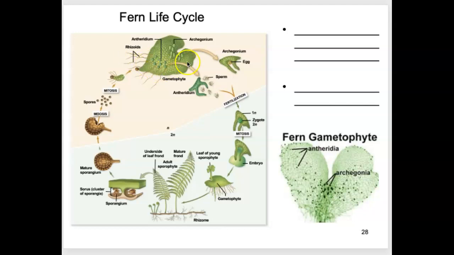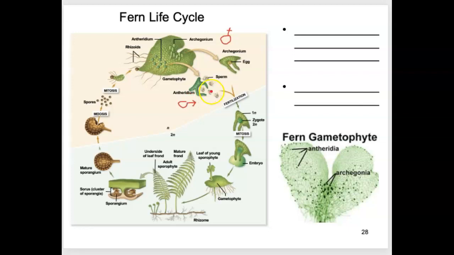The gametophyte then develops, looks like this little heart-shaped structure, and on the gametophyte, you're going to have an archegonium and an antheridium forming. Now remember, archegonium, this is your female structure. This is where your egg is going to be housed. Antheridia is your male structure, and that's where your sperm are going to be produced.